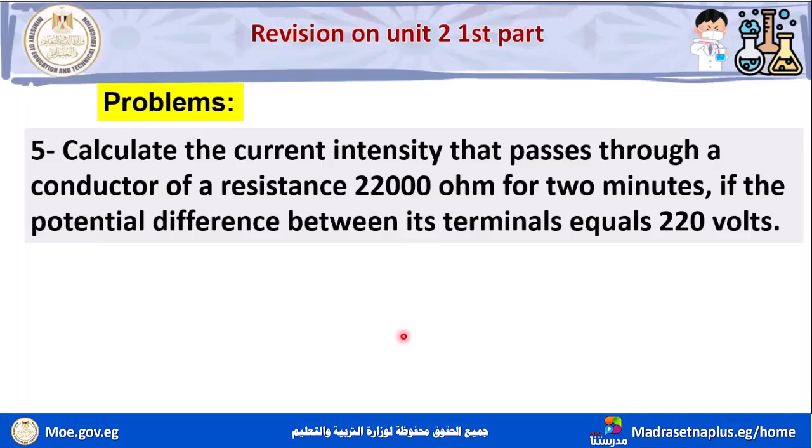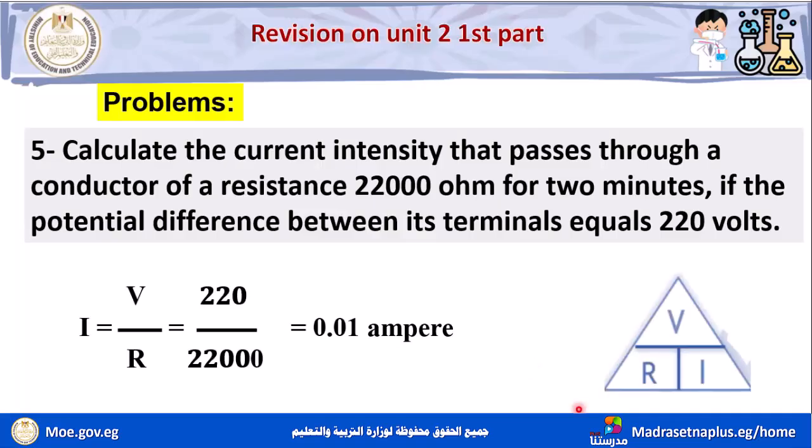Problem number 5. Calculate the current intensity that passes through a conductor of a resistance 22,000 ohm for 2 minutes if the potential difference between its terminals equals 220 volts. R resistance equals potential difference V divided by I current intensity.